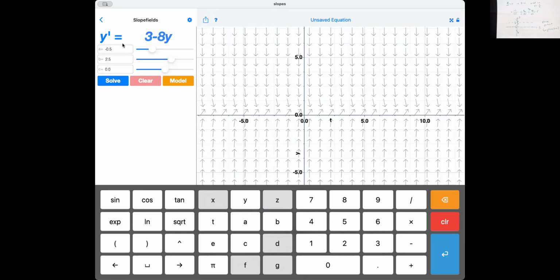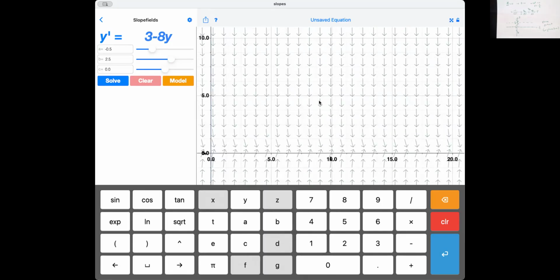I need to zoom in a little. Oh, we picked a small a. Let me change this, make it 13. Yeah, there we go. Because now my asymptote is at a over b, right? 13 over 8. It's a little bit bigger than 1.